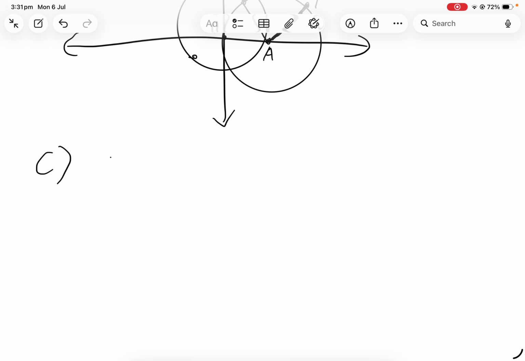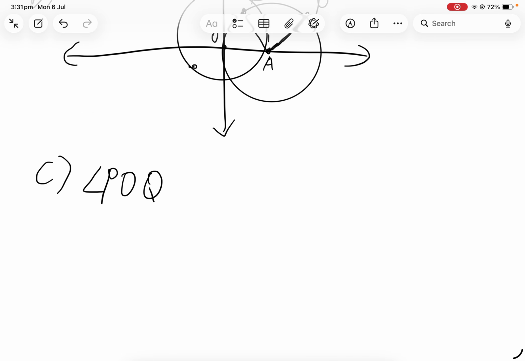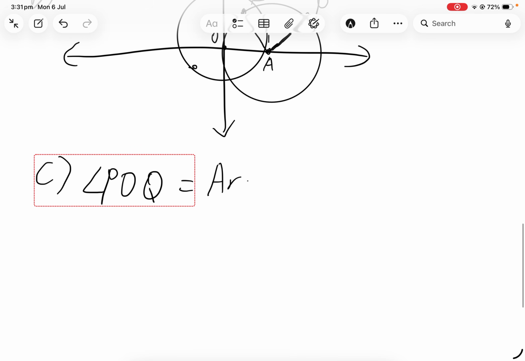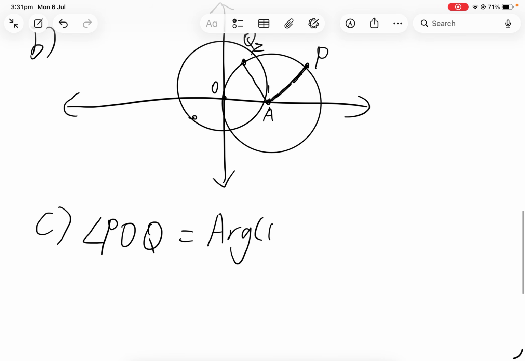Okay, so angle POQ. Angle POQ. It's basically just when you find angles between complex numbers, it's the angle of OP minus the angle of OQ.